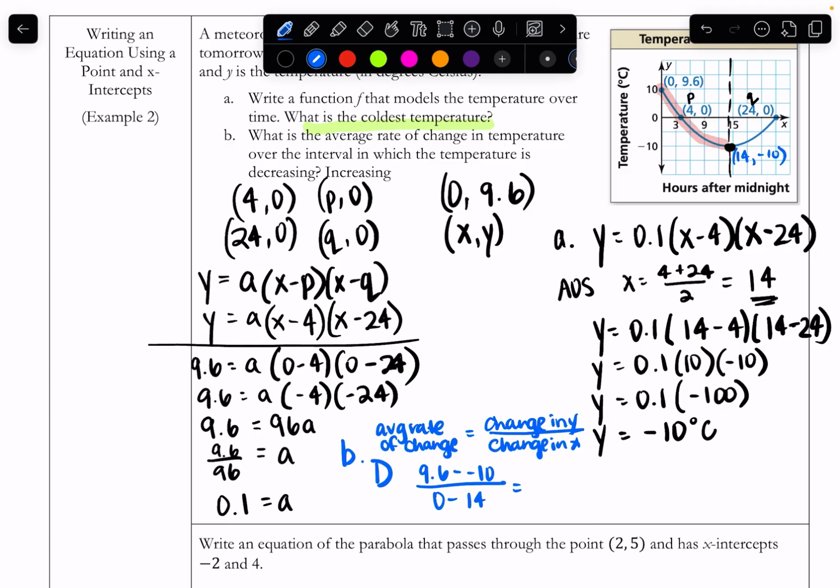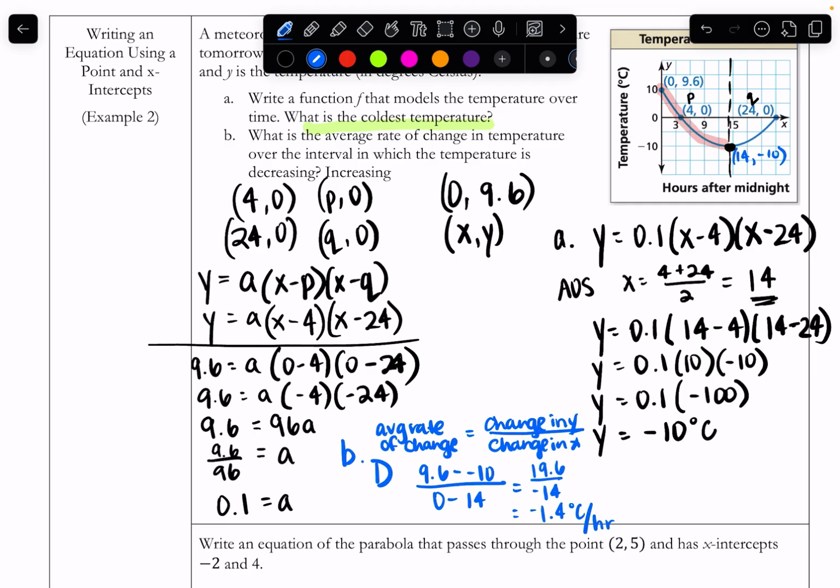So that should be getting me 19.6 in the numerator over a negative 14, which worked out to be a negative 1.4 degrees Celsius per hour. So in that decreasing interval of the graph, we are losing 1.4 degrees Celsius an hour. That negative is telling you you're decreasing.